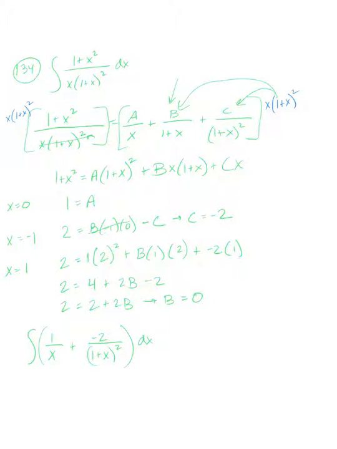Okay, so I can integrate term by term, so this becomes the integral of 1 over x dx minus 2 times the integral of 1 over 1 plus x squared dx. Now this integral, I'm going to use a u sub to solve it. The first integral is just ln x.